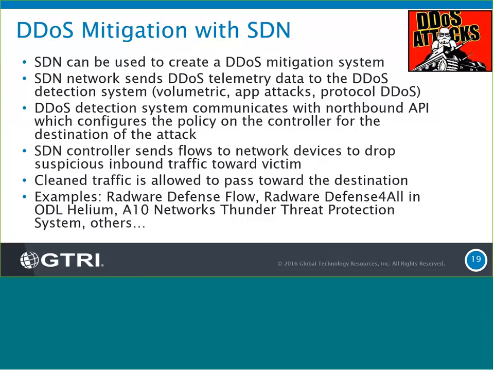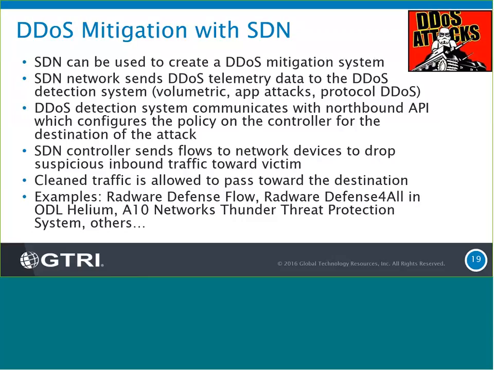So have a DDoS detection system talk to the northbound API of a controller to create policy to block the DDoS traffic, yet allow legitimate end user traffic to the target application and have it continue to operate.